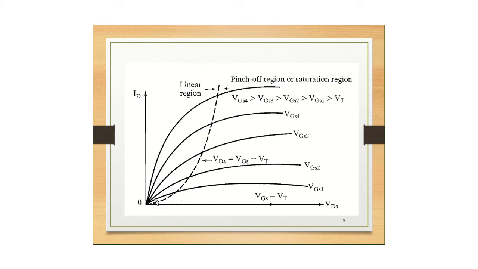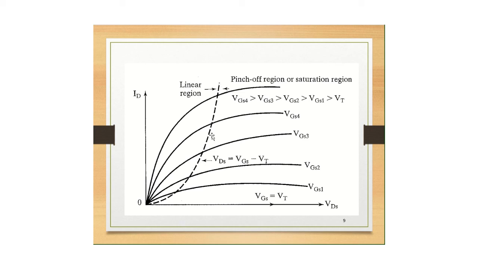Cutoff region, where VGS is less than VT, there is no drain current. There is the pinch off region. Pinch off region is what? Where VDS is greater than VGS minus VT, or the condition where the drain current becomes constant.